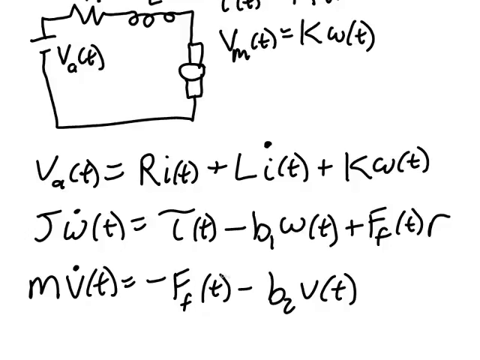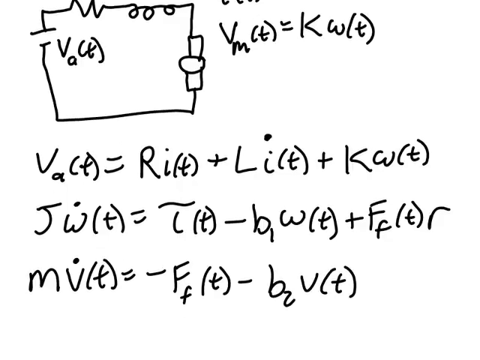Now, even though we've shown the force of friction as being negative here, the force of friction will actually end up moving the car forwards because the force of friction causes these wheels to turn, as we've shown up here in this second equation. Now, there are a couple of additional equations that we can use.